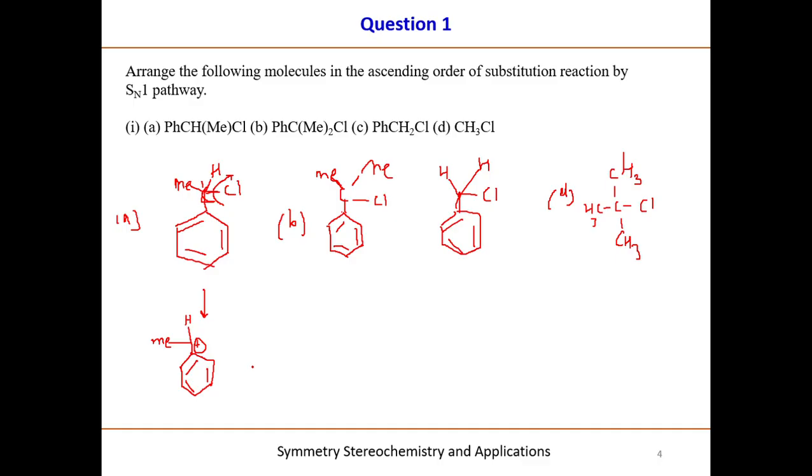Okay. So let's draw the carbocation for all the structures. Which carbocation is more stable? Anyone?